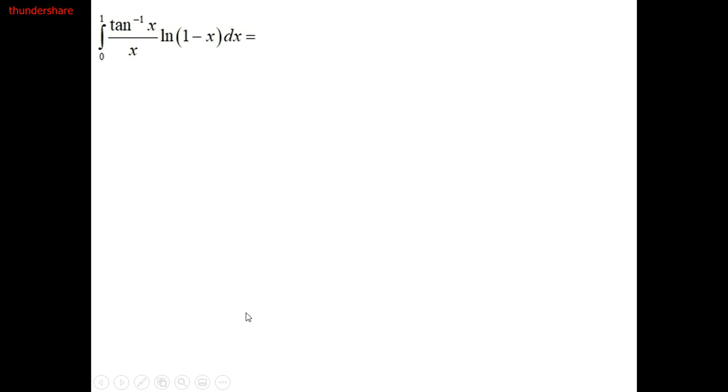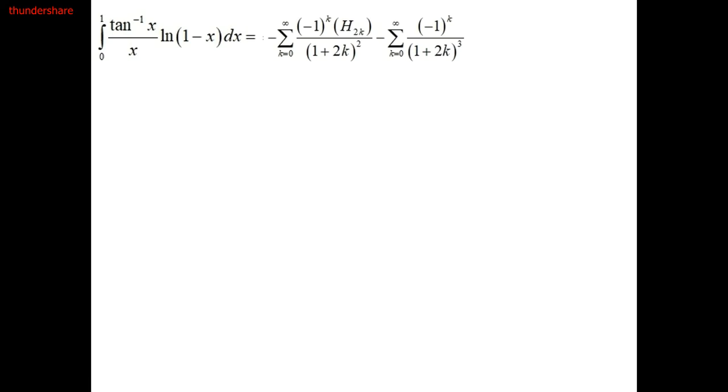So our integral will be converted into this form, which will be negative sum k equals 0 to infinity of (-1)^k H_(2k) divided by (1+2k)^2, minus sum k equals 0 to infinity of (-1)^k divided by (1+2k)^3. And this is a very famous series, as we will show later.